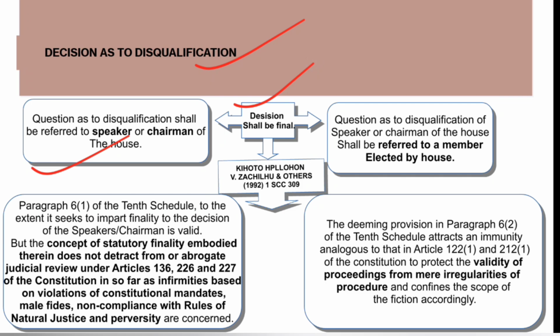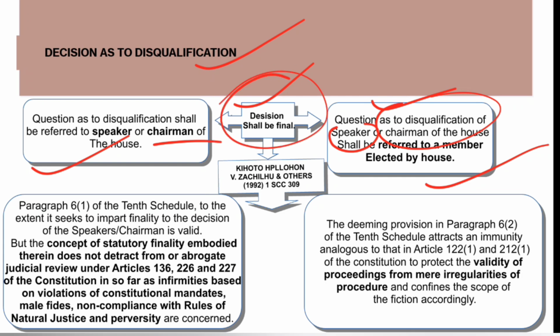And whenever a question with respect to disqualification of the Speaker or Chairman comes, the question shall be referred to a member elected by the House, and that member shall decide whether defection is there or not, and whether disqualification would be the consequence or not. The decision of that member shall be final. So in general, the question of disqualification is to be decided by the presiding officer, the Speaker or Chairman, and that decision shall be final.